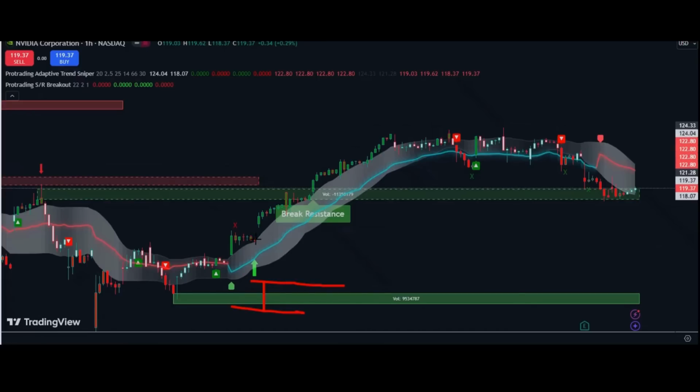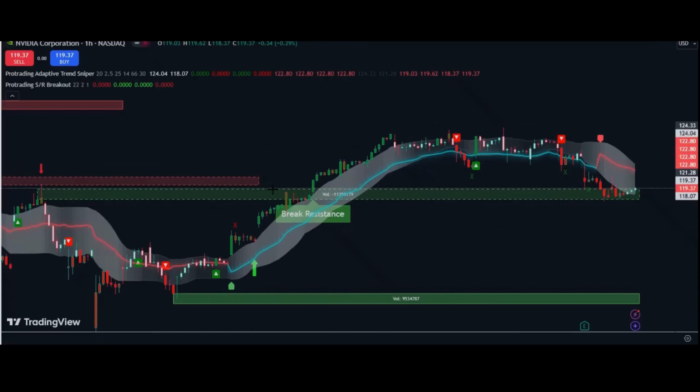Once you enter your trade at this point, your stop is slightly below the arrow which gives you the signal, and your take profit is 1 to 1.5. So if at this point you are risking 10 pips, your take profit should be 15 pips. This is how we trade with this strategy.